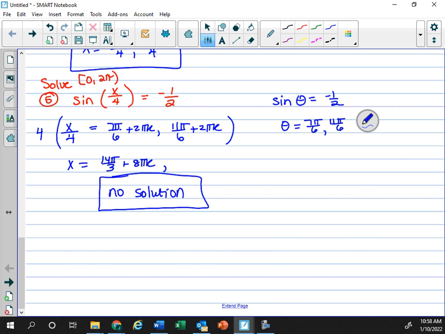That b value being 1/4, remember from your graph, means you only see a quarter of the graph by the time you get to 2 pi. So if that quarter of your graph happens to intersect with -1/2, you'd have an answer. Our quarter of the graph does not intersect with -1/2, so we have no solution. Okay? How we doing, guys?